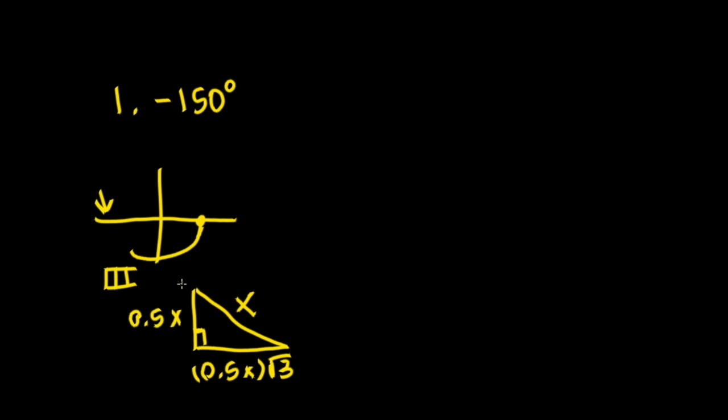The short side, which is known as y, is going to be equal to 0.5, since 0.5 times 1 equals 0.5. The longer of the two sides, which is also known as x, is going to be equal to 0.5 times the square root of 3.